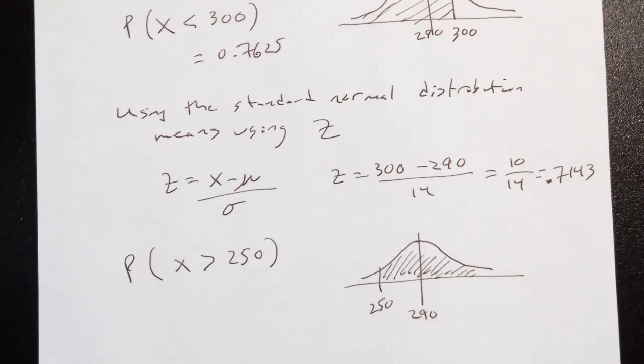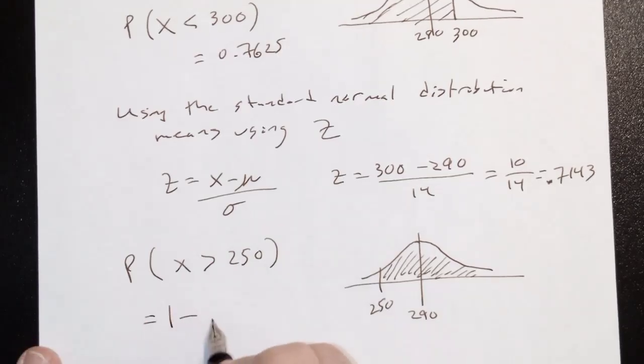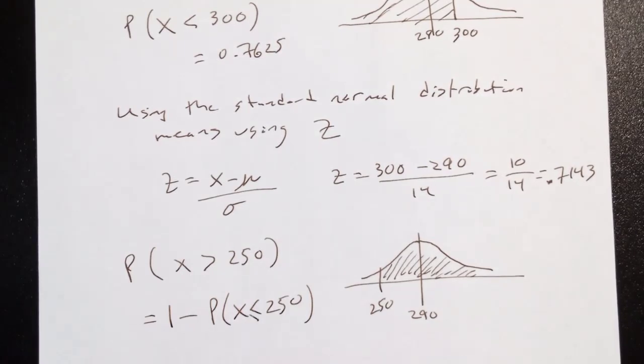How am I going to do this area? I would use C2 and do everything to the left of 250, and then just do 1 minus that. Aha! Because the total area under the curve has to be 1. So this is the same as 1 minus the chance that X is less than or equal to 250. I'm being pedantic with the equal to, but it doesn't matter because the chance of being equal to is 0.